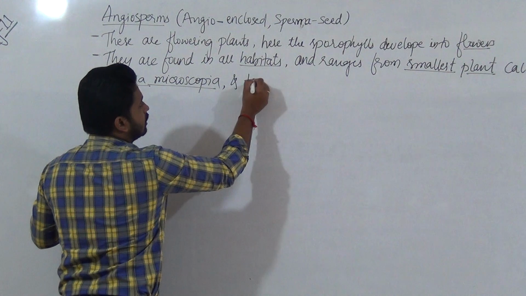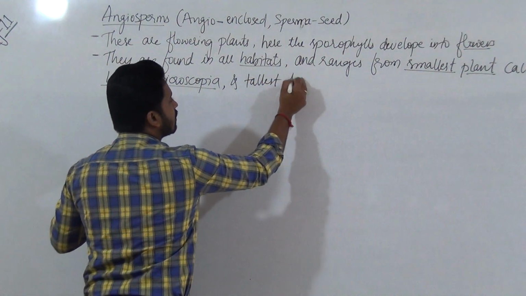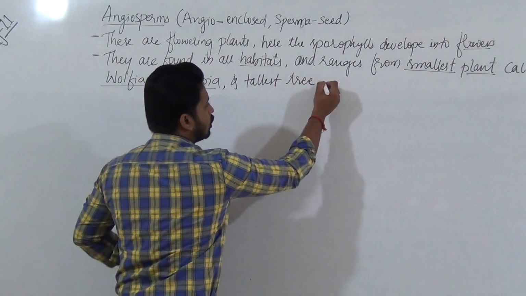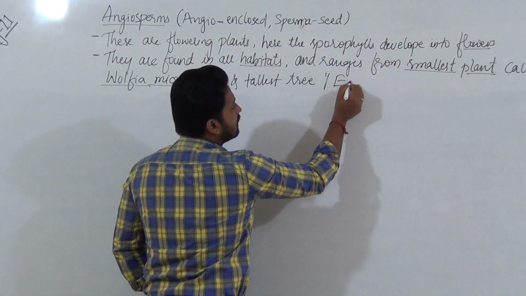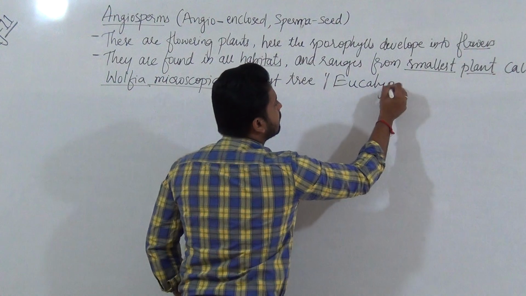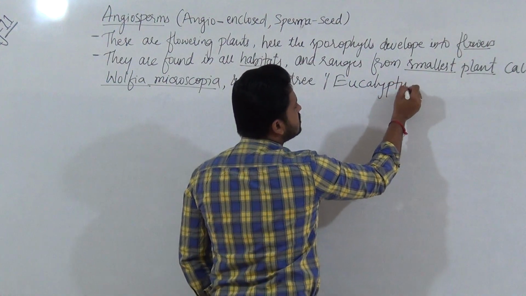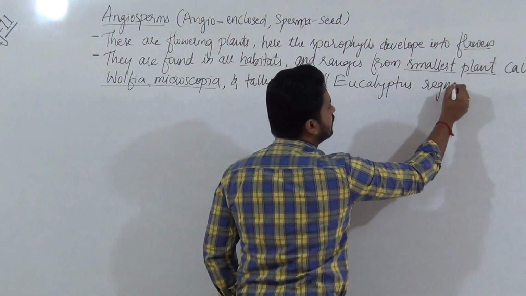And the tallest tree, you know, the Nilgiri plant, is called Eucalyptus regnans, the complete scientific name.